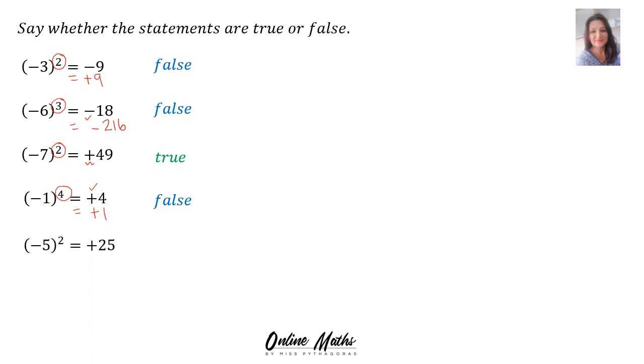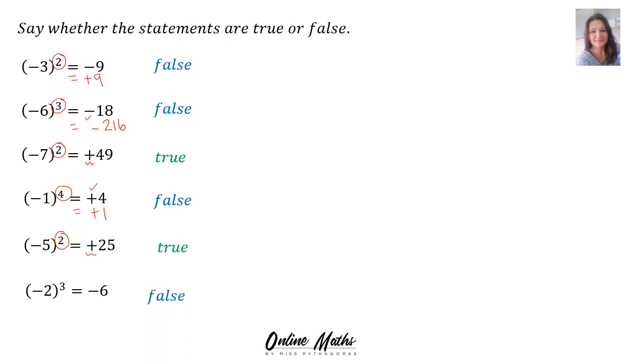Negative 5 squared, is it positive 25? The answer is true, because the even number turns this into a positive, and 5 squared is indeed 25, because 5 squared means 5 times 5. Negative 2 cubed, is the answer negative 6?